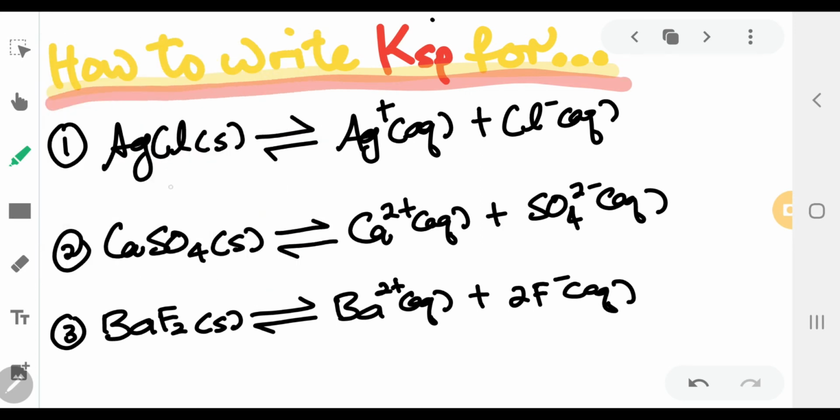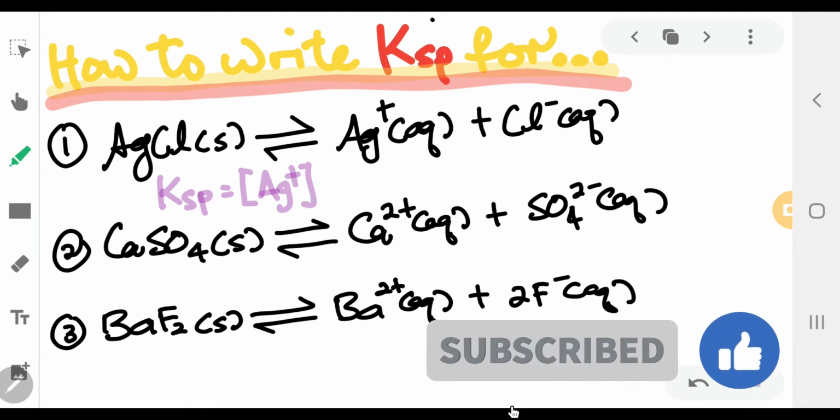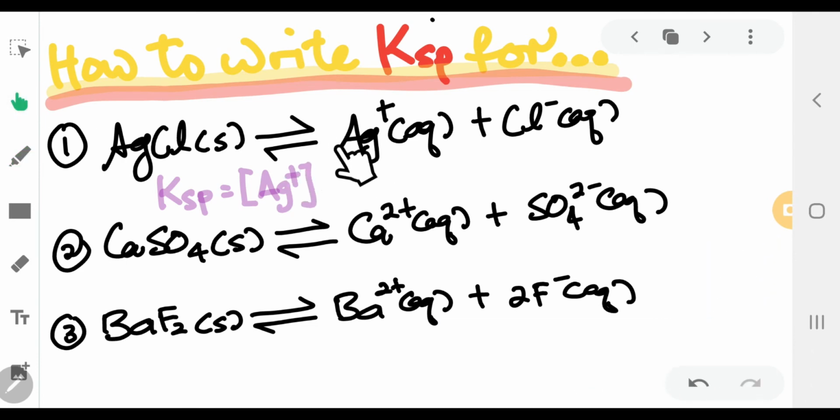For AgCl, we're just going to write Ksp equals the concentration of Ag+ to the power of 1, because you have 1 mole right over here, and the concentration of Cl- to the power of 1, because you have 1 mole over here.